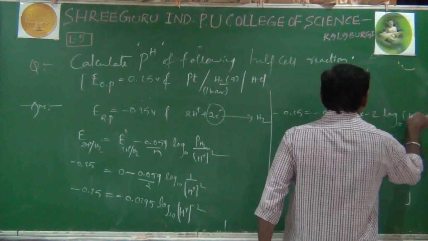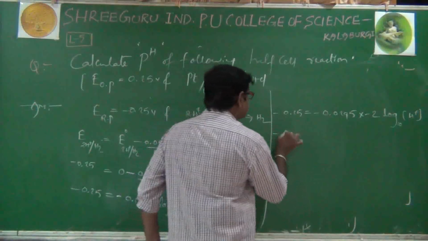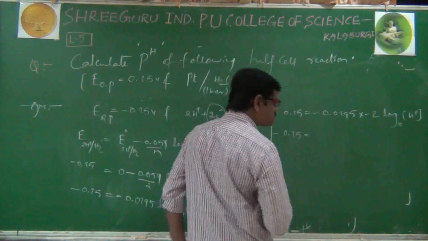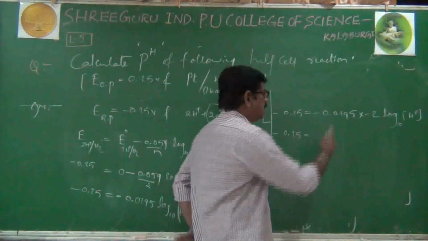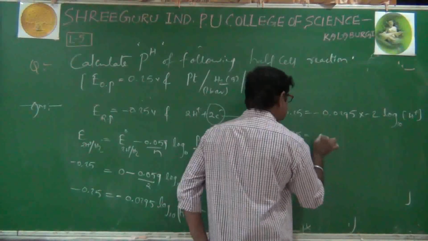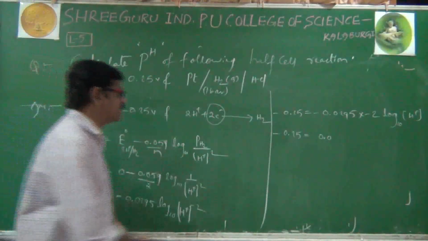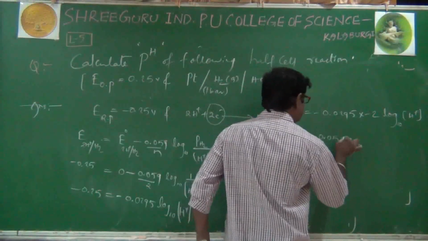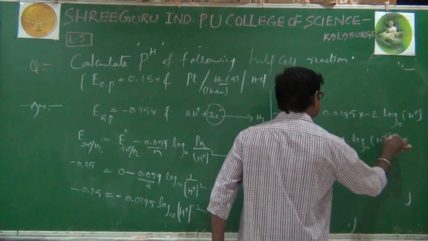Log base 10, and the m value is H plus. Minus 0.25 equals minus into minus plus, and if you multiply these two values you will get 0.059 log base 10 H plus.